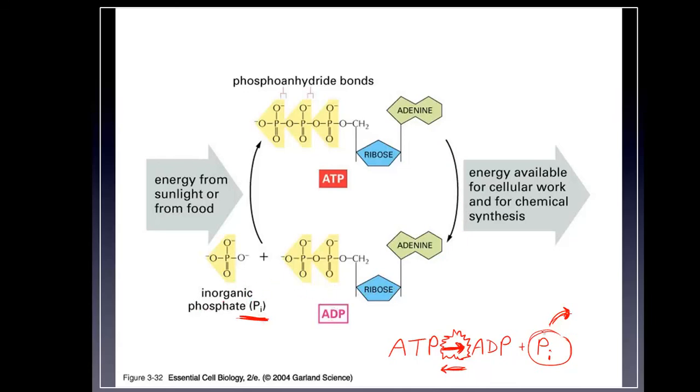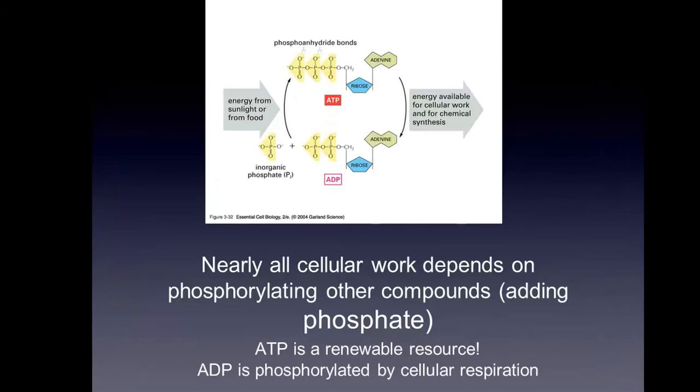And then, like I was mentioning down here, this phosphate all by itself can go off and bond with other things temporarily, which is going to release energy and drive chemical reactions. And so on and so on. This cycle just keeps going back and forth in the mitochondria. So nearly all the cellular work depends on phosphorylating other compounds.